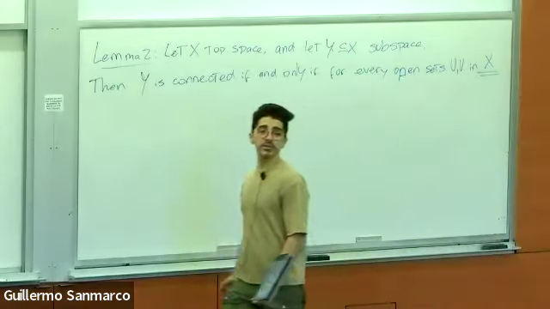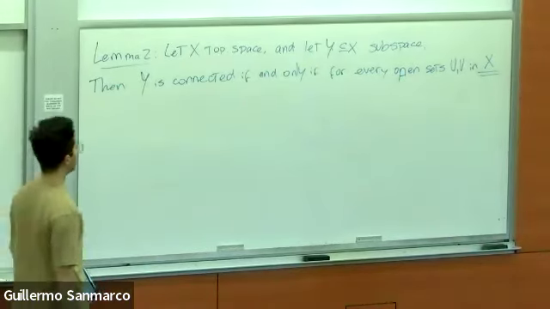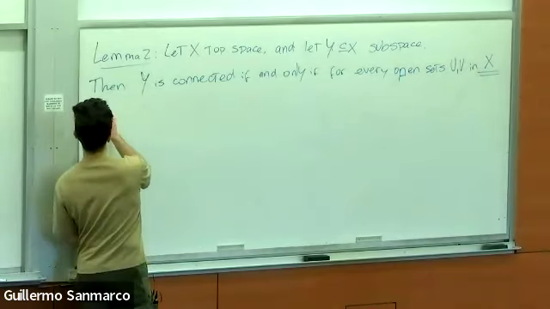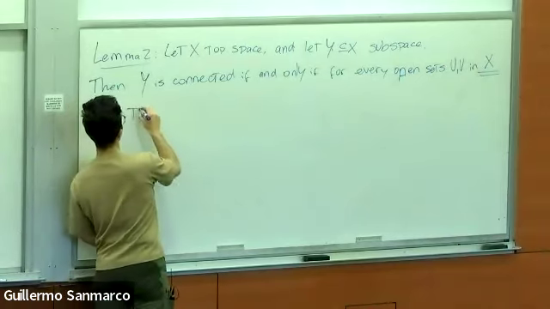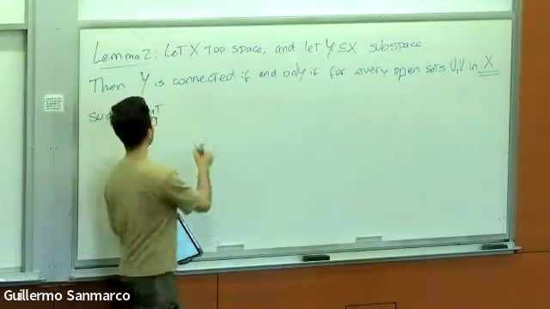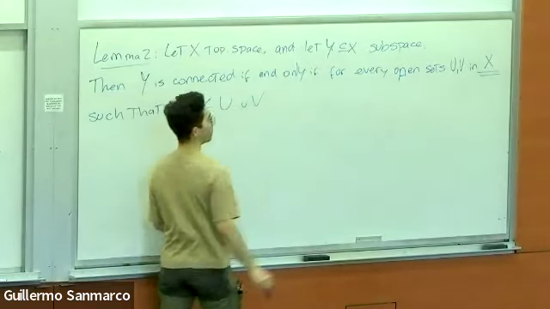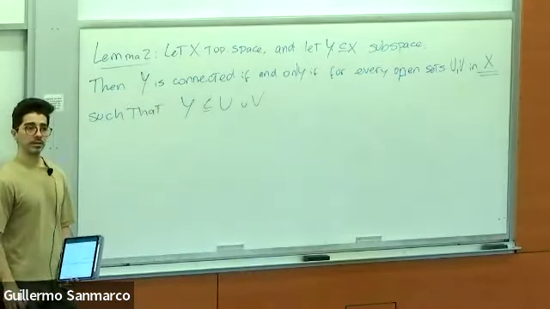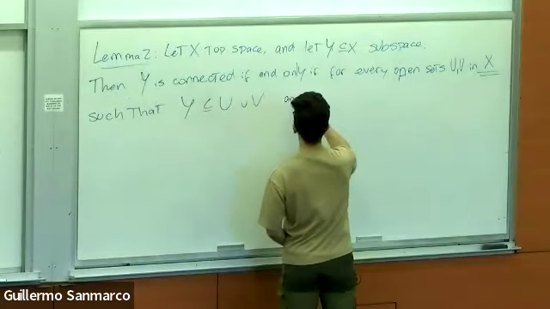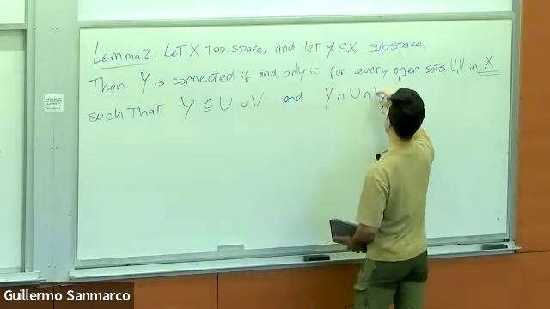I don't want to use open sets in Y because they depend on open sets in X. So this is what this lemma is doing. If and only if for every open sets U and V in X, such that I don't want to say that Y is the union, but I want to say that Y is included in them. And I don't want to say that these two guys intersect trivially. I want to say that they intersect trivially when you intersect them with Y.